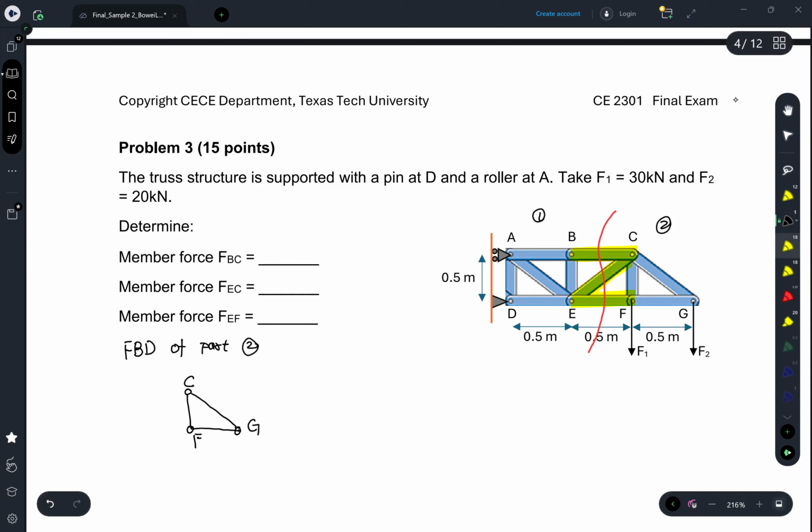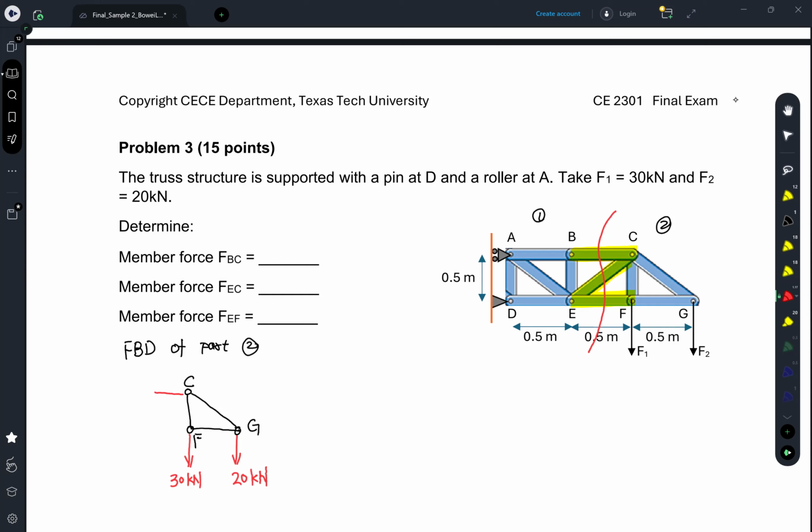It is subject to two external forces here, right? F1, which is 30 kilonewton, and F2, which is 20 kilonewton. In addition, we also have the unknown force FEC here.